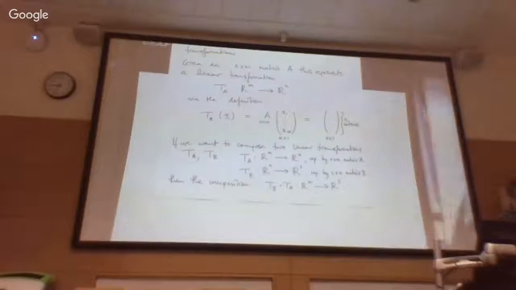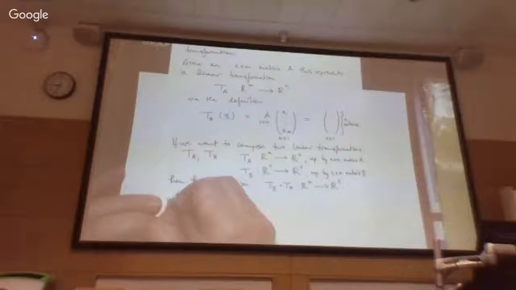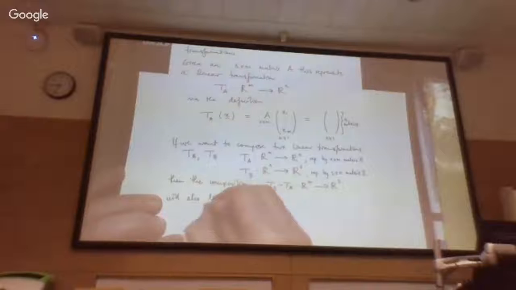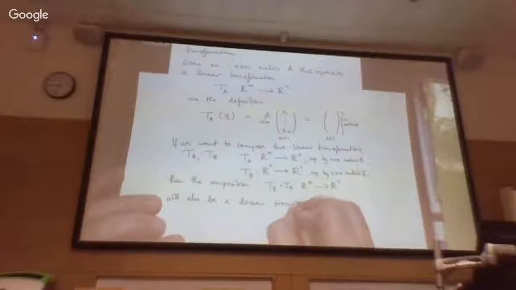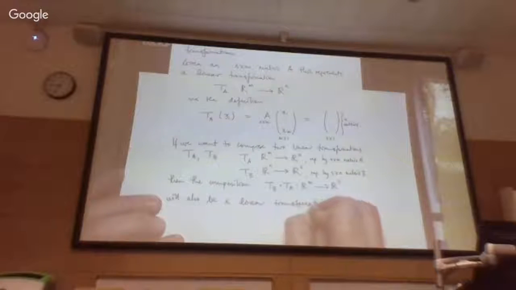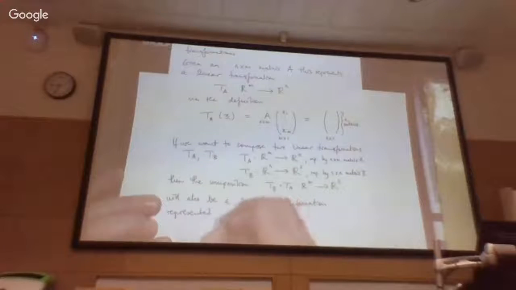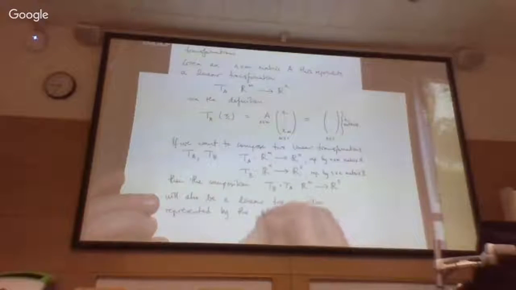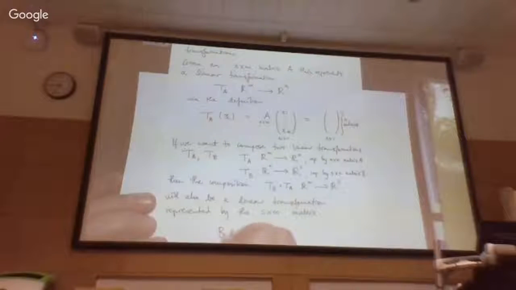So this will be a new linear transformation, and this is the point I'm driving at: it will be represented by an s by m matrix, and it will be represented by the matrix product BA.